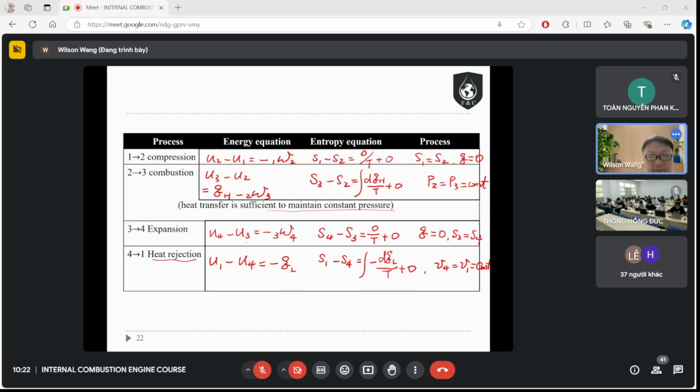What I'm saying is, if I write U4 minus U1, that is QL, so that's why we give the negative term.